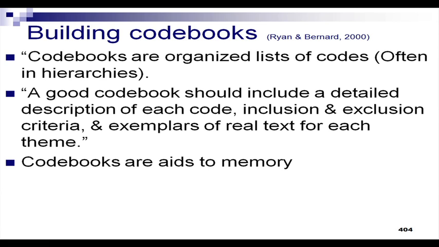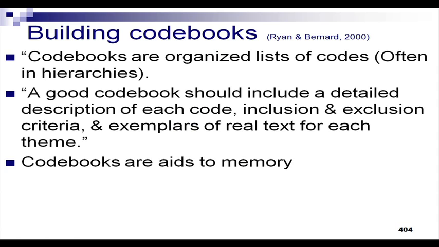A good code book should include a detailed description of each code. Each code is described: what it includes, what describes it, what defines the code. It should also include the inclusion and exclusion criteria. So on what basis will we say that something belongs to this code, or this code has to be assigned to a particular aspect or event?